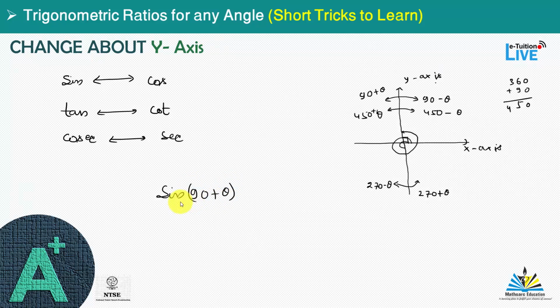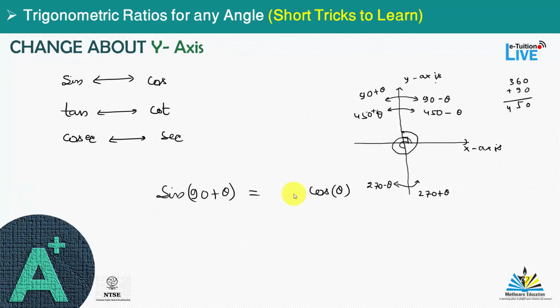Like sine of 90 plus theta. What we need to do is change sine into cos theta. One more thing we need to think about is the sign of the trigonometric ratio. Let's say we have the formula for sine of 90 plus theta.